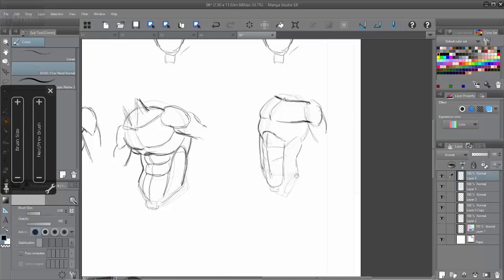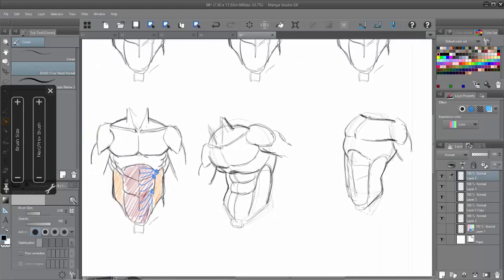So this oblique would be more like that. Okay, so the ab muscles are essentially pretty easy and simple things to get your head around. They're not too complicated.